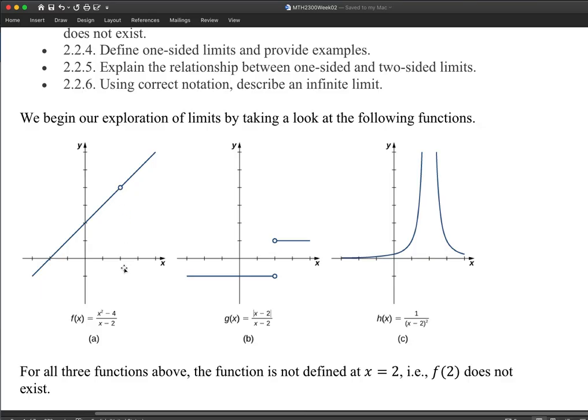But anyway, let's focus a little more on the graph right here at x equal 2. I'm tracing the pattern of the graph for x approaching 2 from the left, from the left of this point 2.